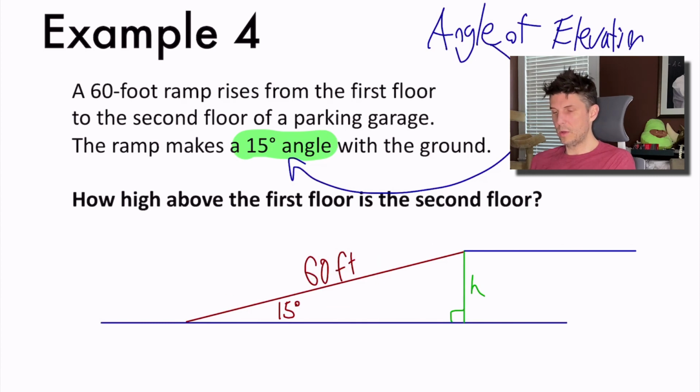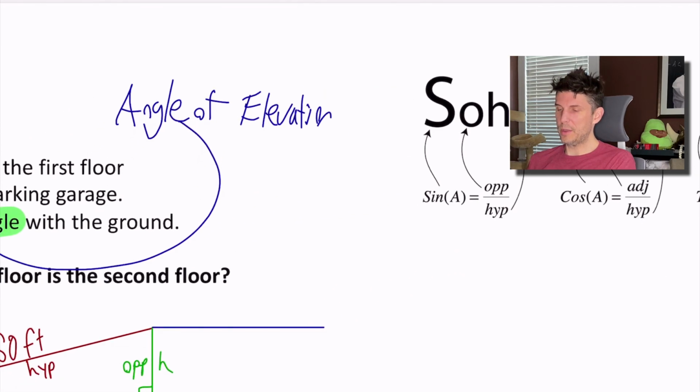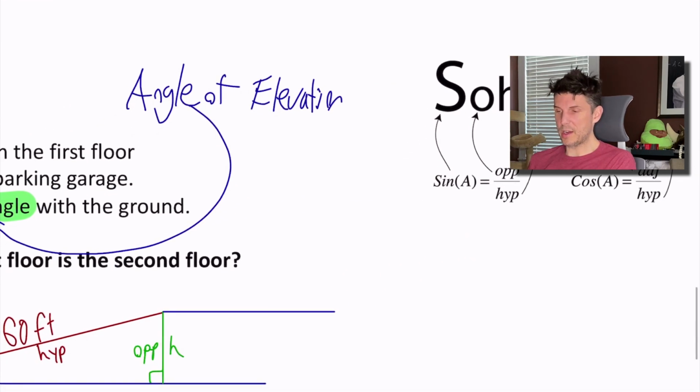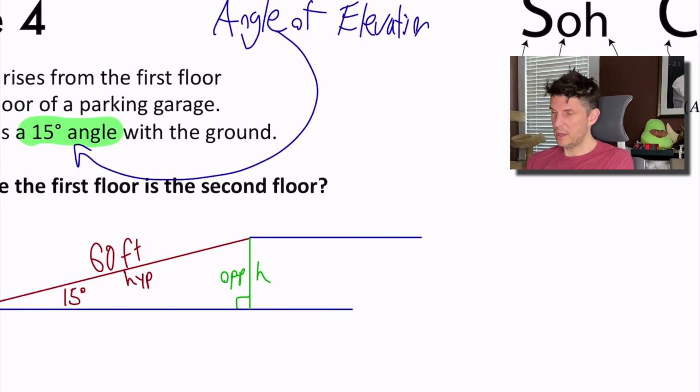Okay, so relative to the 15-degree angle, we have the opposite. We need to know the opposite, and we're given the hypotenuse. So when you look at SOHCAHTOA, we know that that's the first one. Sine is opposite over hypotenuse, so we're in business. We can get started.